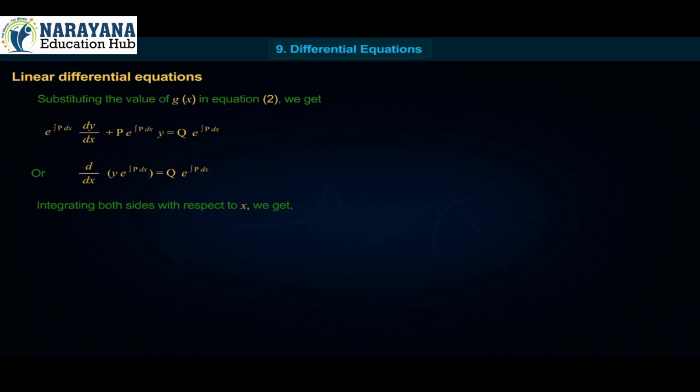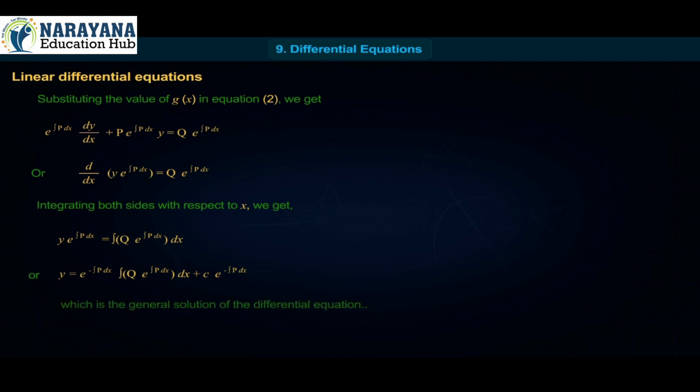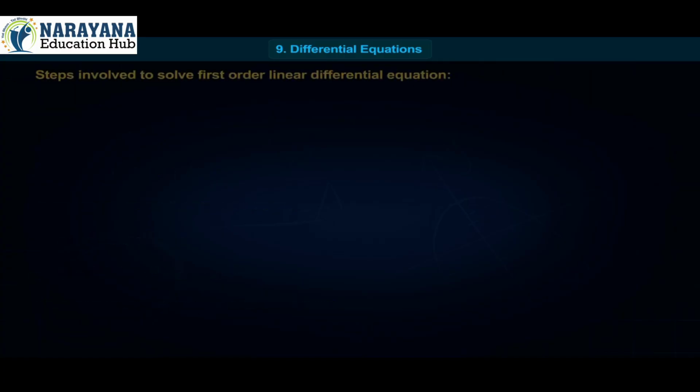Integrating both sides with respect to x, we get y e raised to integration p dx is equal to integration q e raised to integration p dx into dx, or y is equal to e raised to minus integration p dx integration q e raised to integration p dx into dx plus c e raised to minus integration p dx, which is the general solution of the differential equation.